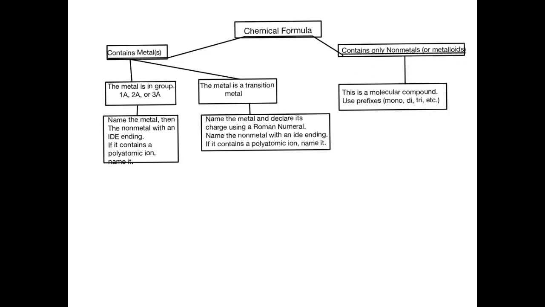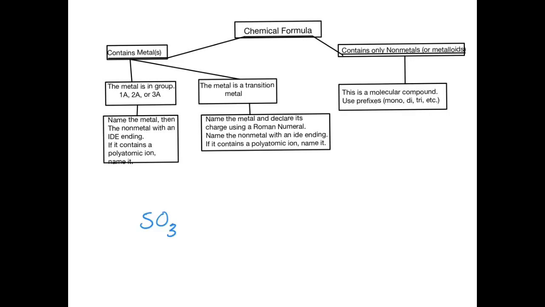Okay? And you really have to go through this in your mind every time you're naming or writing formulas for ionic and molecular compounds. And I'm going to warn you, it can get a little bit frustrating, so you need to be patient and it's going to come with practice, okay? So we're going to run through a couple examples right now, and then I'll have some homework for you.